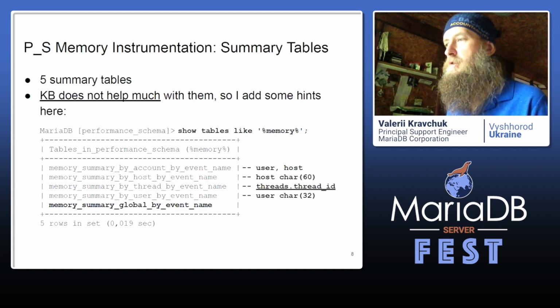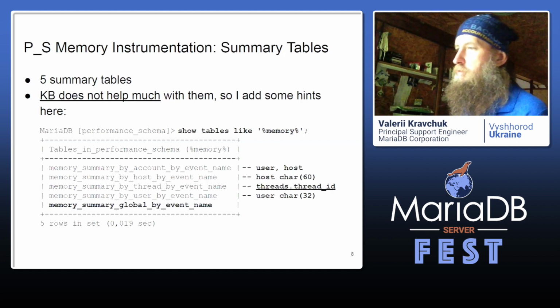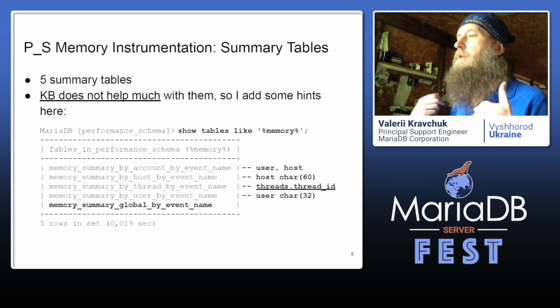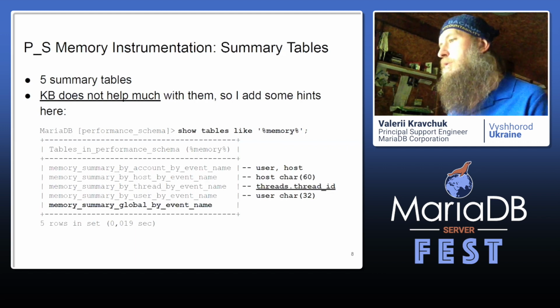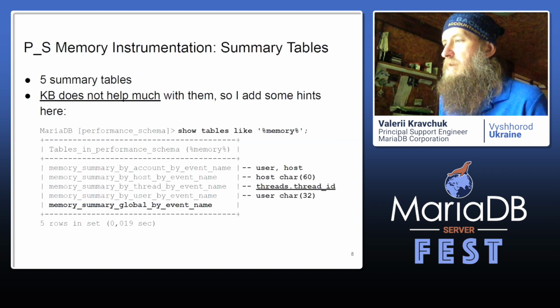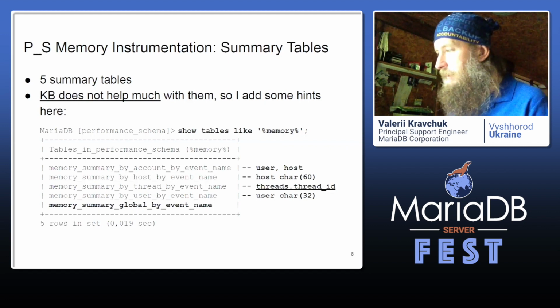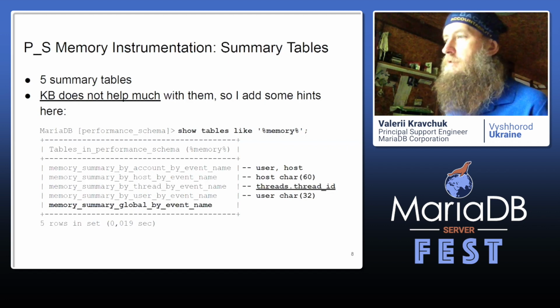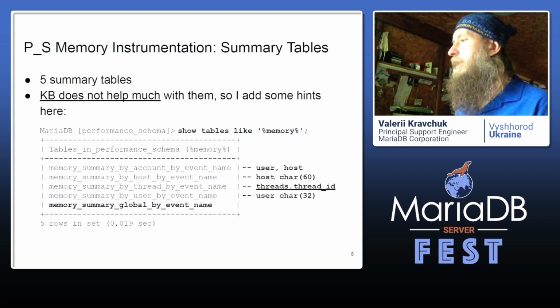Account is represented by a pair of user and host, as is normal in MySQL and MariaDB. You have a summary by host, so different users from the same client host may be checked for memory usage. And you have a summary table per thread, so you can find out which user thread uses most of the memory or allocated a lot of memory in a specific area.